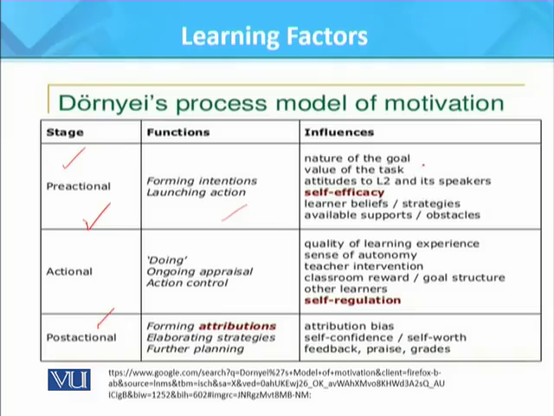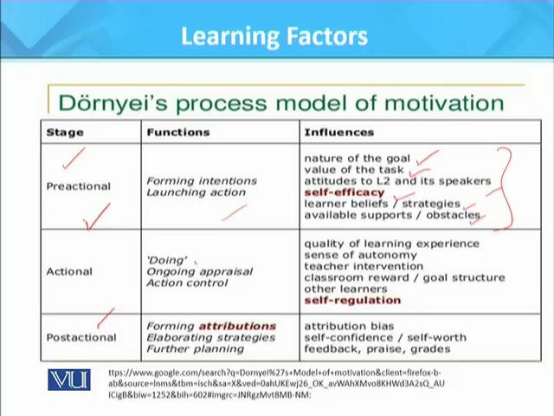That action is influenced by the nature of the objectives of the task, the goals, the value of the task, how important it is, attitude toward the second language and its speakers, self-efficacy, that is one's own belief in one's ability to successfully accomplish a particular task, learner's beliefs and strategies, and available support and obstacles. These are the factors that influence motivation at the pre-actional stage.